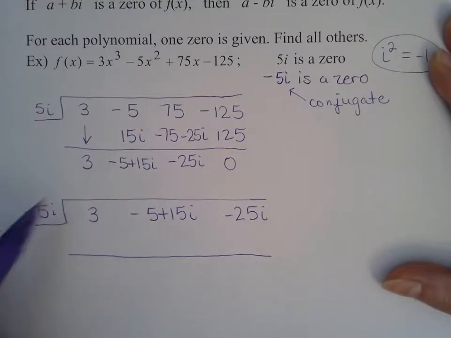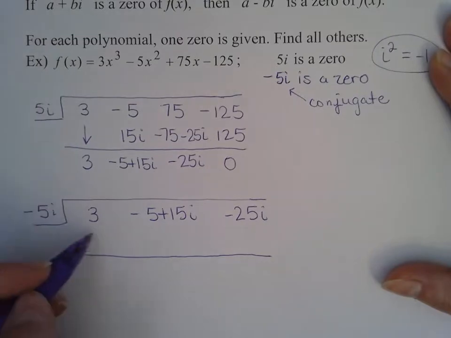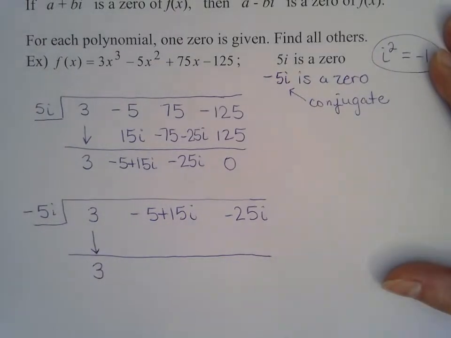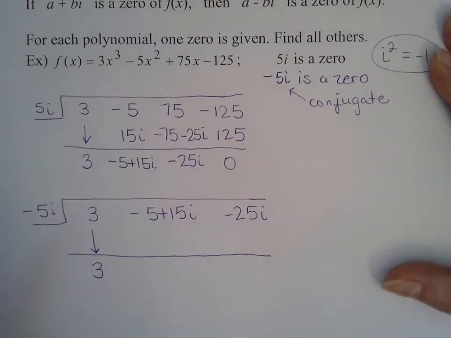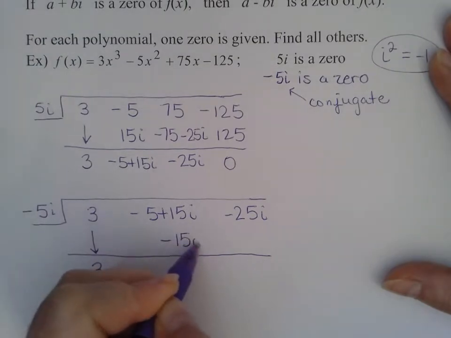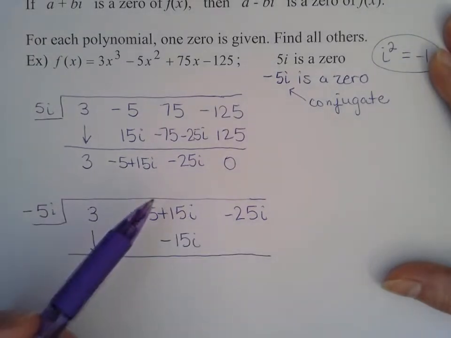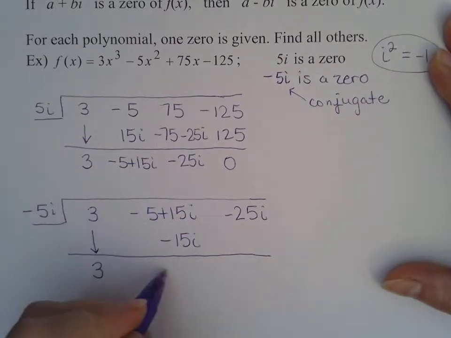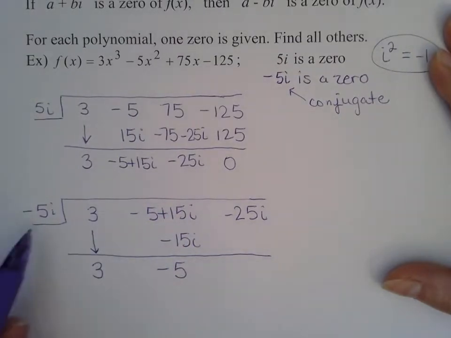Okay, so I'm taking this, it was 3x squared. I'm dividing by x minus negative 5i. And so I'm going down by another power of x, but the coefficient is remaining the same. So I bring it down, multiply by negative 5i. I get negative 15i. These are going to add to 0, so that'll give me negative 5.